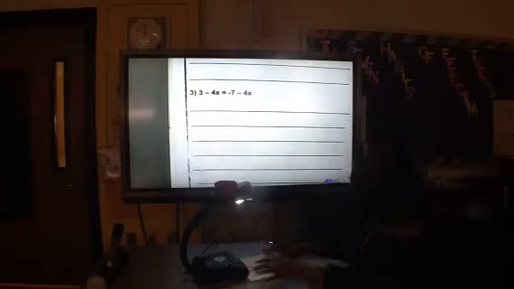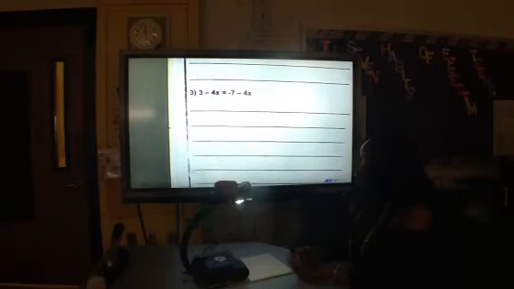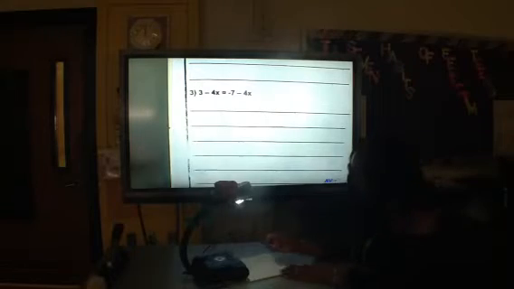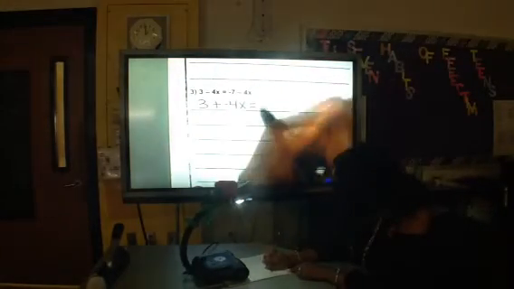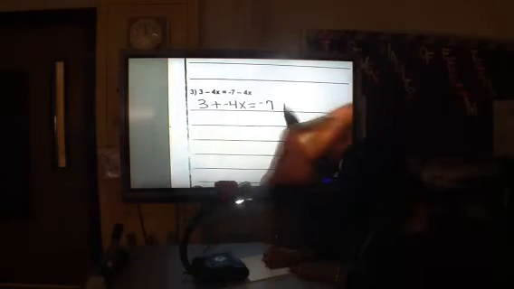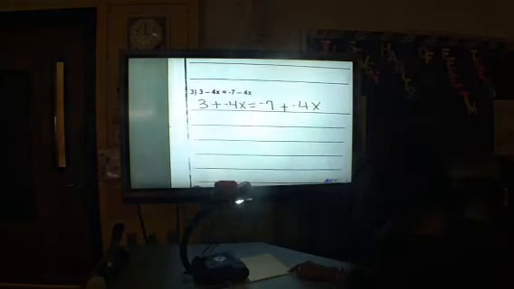First processing is to rewrite this, accounting for your coefficients or invisible coefficients and your plus negative thinking. So I'm going to write this as 3 plus negative 4x equals negative 7 plus negative 4x. Okay?